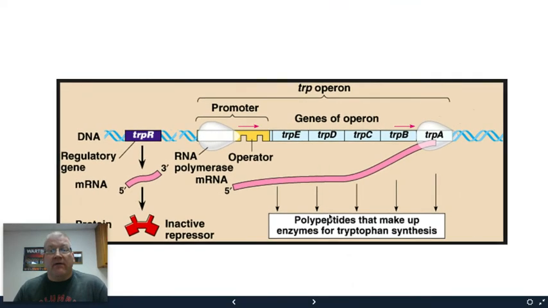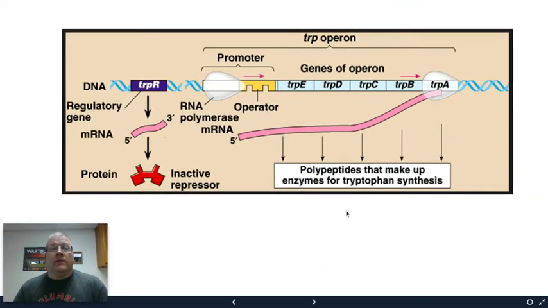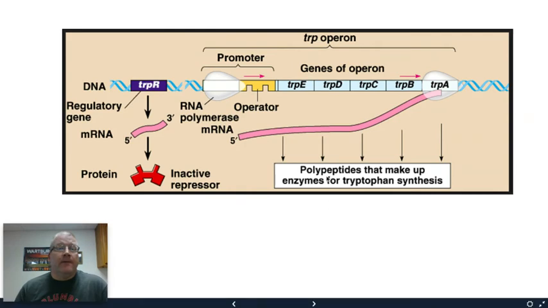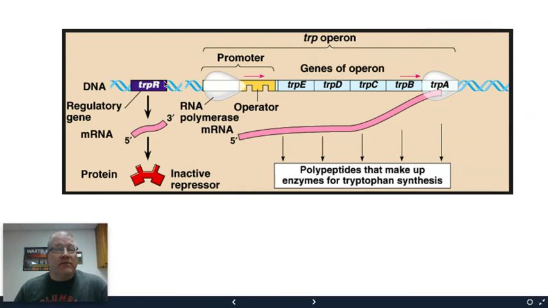So here we have the trp operon. A regulatory gene upstream from the genes of the operon produces an inactive repressor. So this is a protein that's going to be allosterically controlled. It's not in the proper shape to fit in the operator. So as it's originally produced, it cannot turn this operon off.